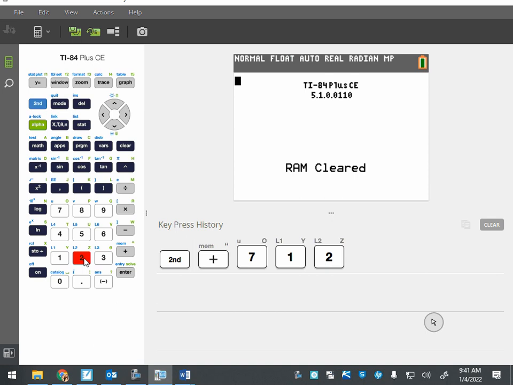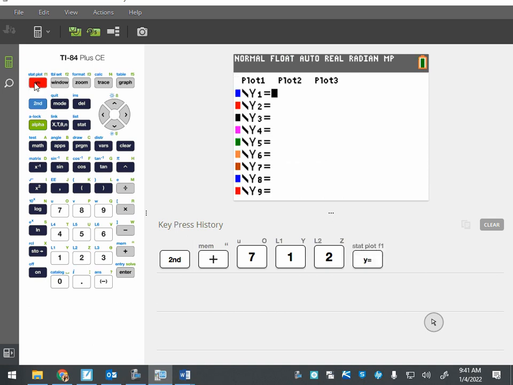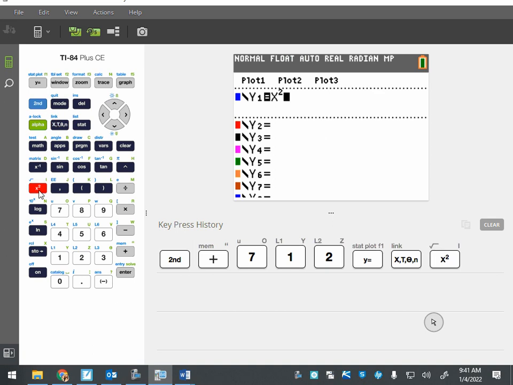So if we go into y equals, which is above the second key, we're going to type in our function x squared plus 6x plus 5. The x is below the mode key. The squared is above the log key, or you could use a little caret here.